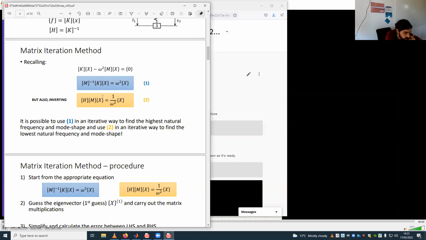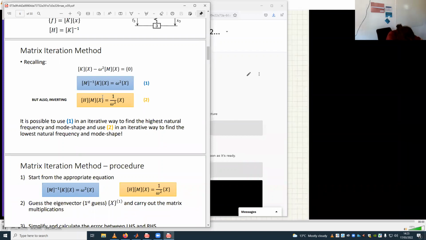The formula sheet says that M inverse times K times x equals omega squared times x. This is the highest.